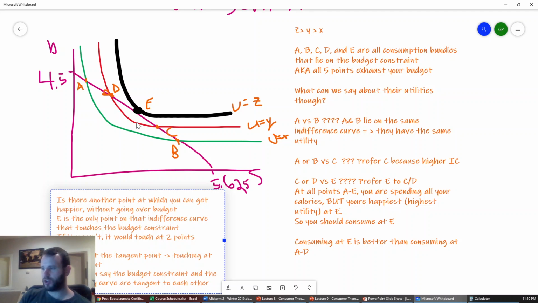They touch at only one point. Alternatively, you can say that E is a tangent point to the budget constraint, or that the budget constraint is tangent to the black utility curve, black indifference curve at E. They're all saying the same thing.